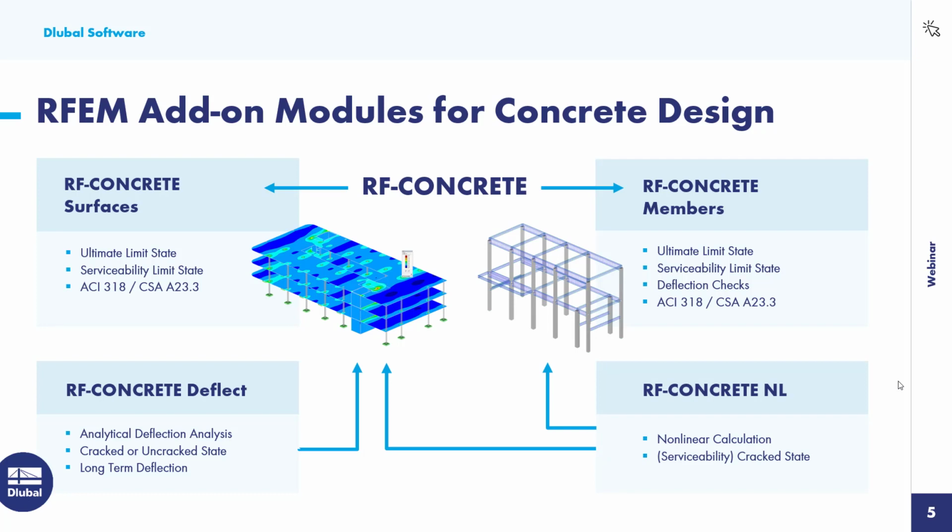RF-CONCRETE NL will run a nonlinear calculation in the cracked state for both members and surfaces. So this add-on module extension is applicable to both of these. This is for the serviceability limit state only. So we'll actually take a look at the true cracked cross-sectional properties and use this for the analysis.